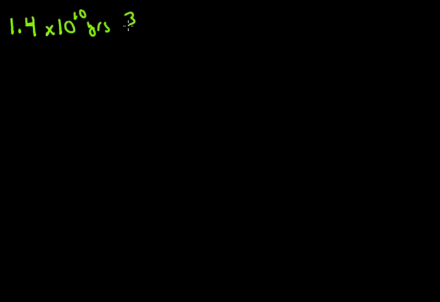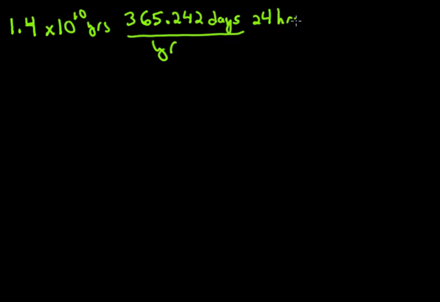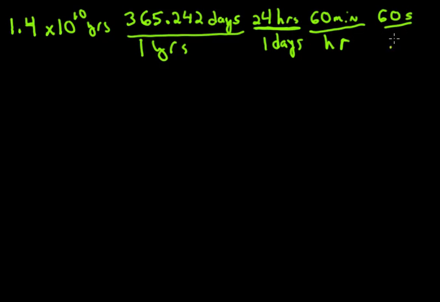So I string together the conversion factors of the things I know off the top of my head, which is 365.242 days per year, 24 hours per day, 60 minutes per hour, and 60 seconds per minute.